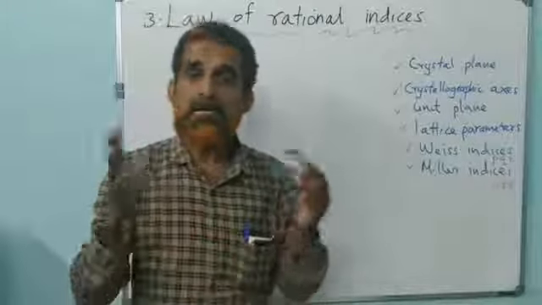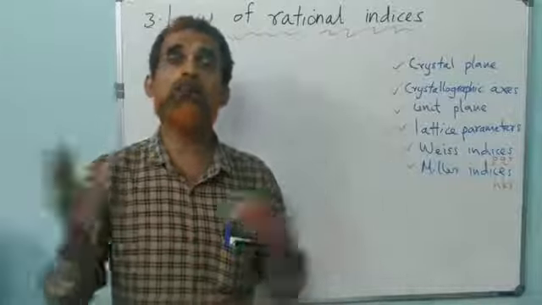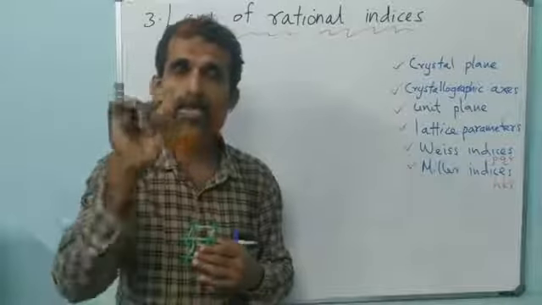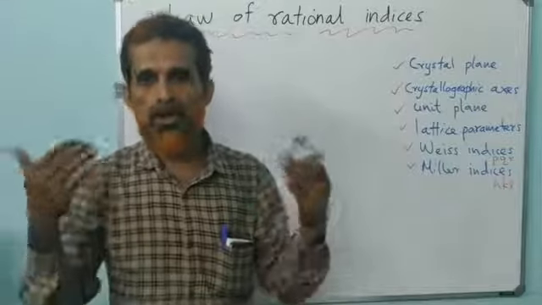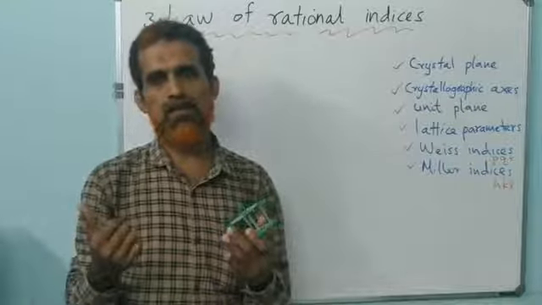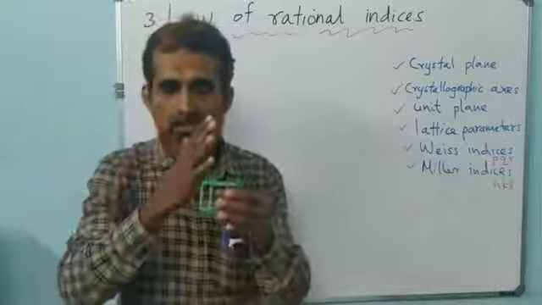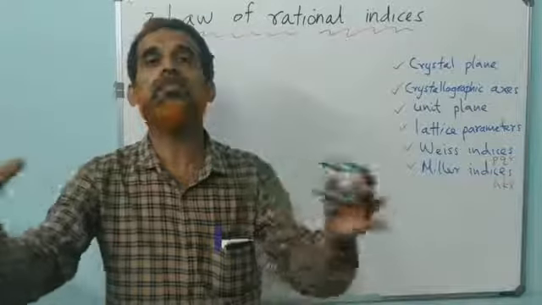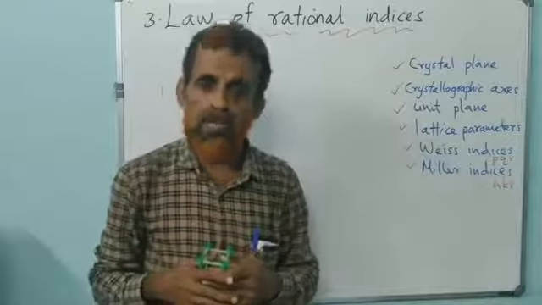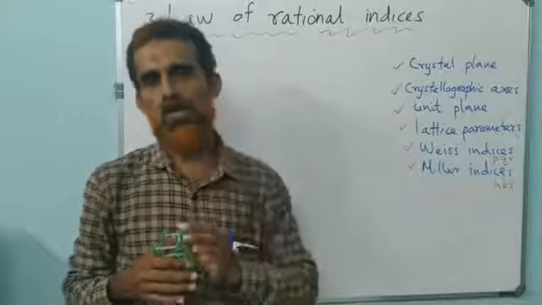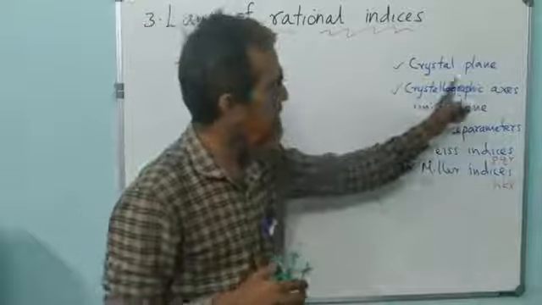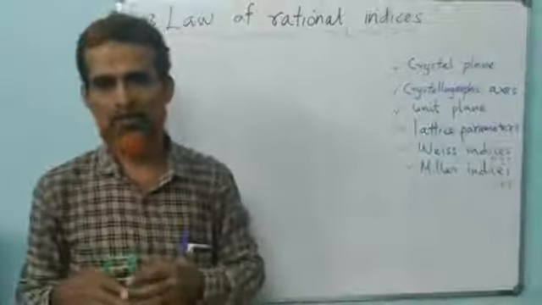See, in a crystal there are a large number of parallel and equidistant planes. Now, to describe the direction as well as orientation of these planes, we need to choose three axes which are called crystallographic axes.